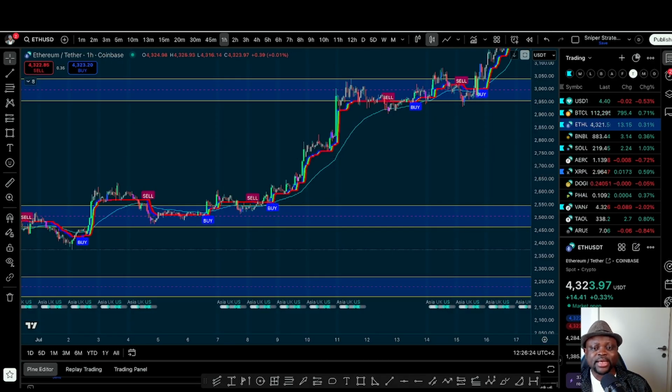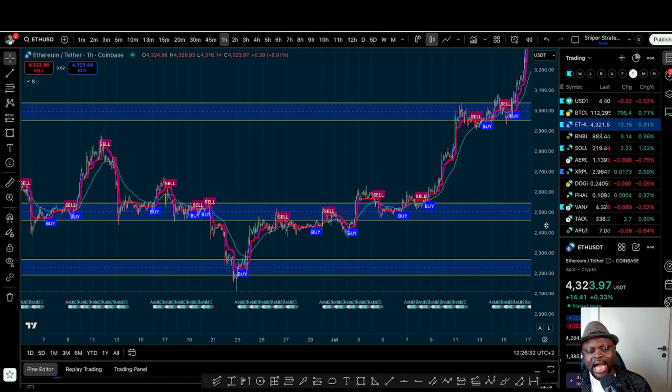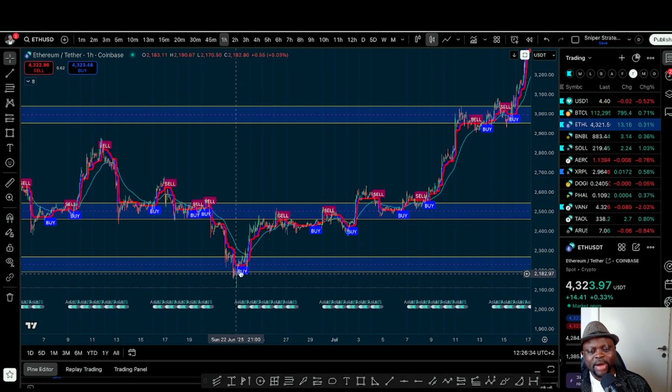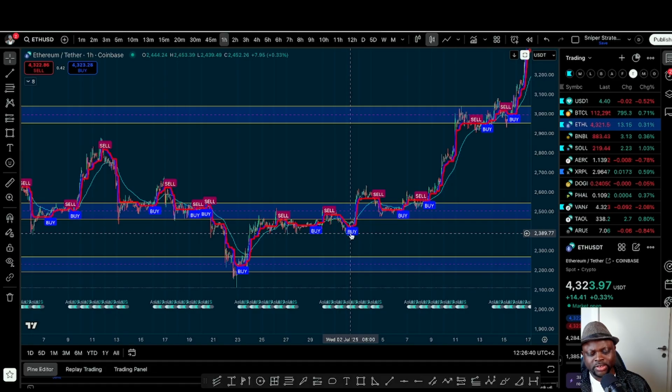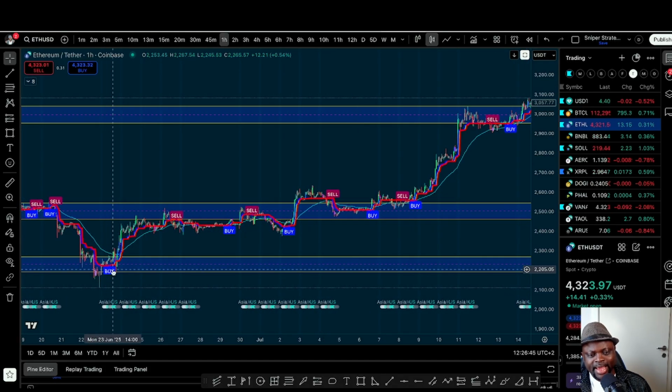I can mark my zones on the daily time frame, then now drop to this time frame, and the same applies here. I'm looking for that buy when price is above this box, and I'm looking for sell when price is below this box. So in this case, you can see there was a huge buy here, right?